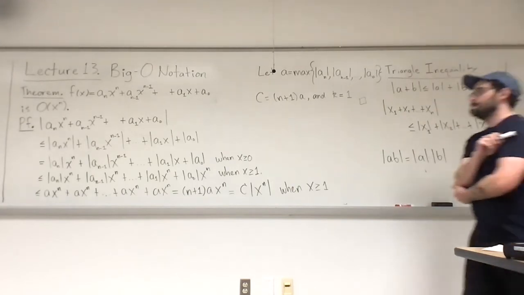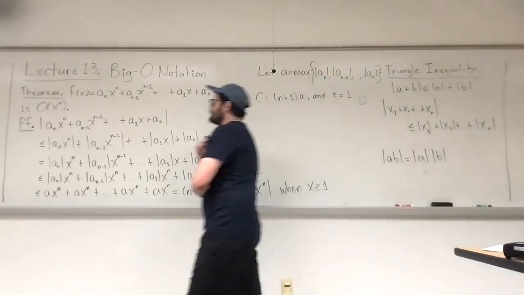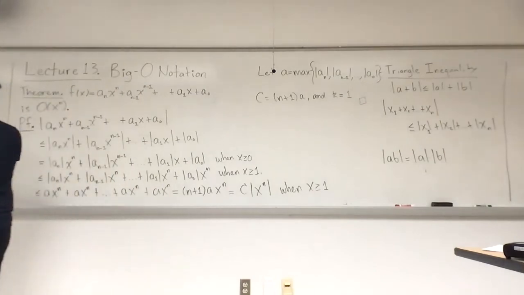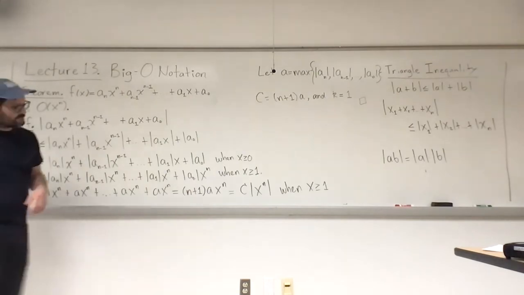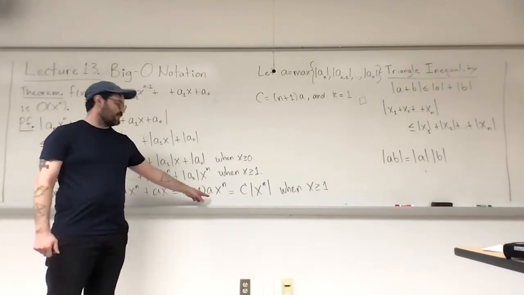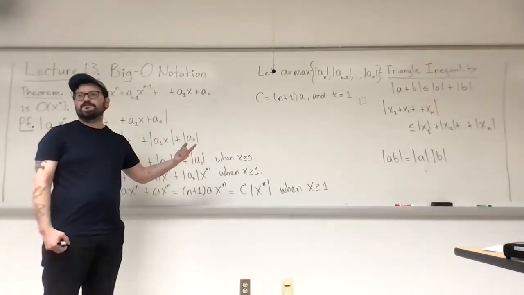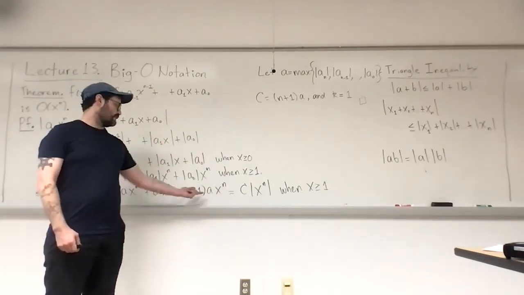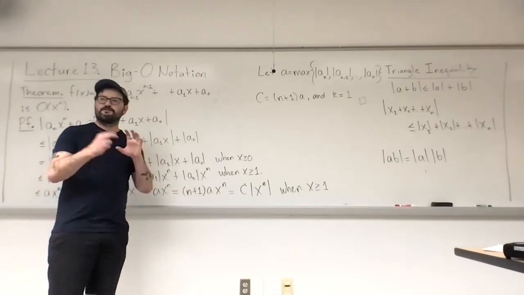Okay. It actually tells you what the constant is as well, right? For any polynomial you have, you take the max of the absolute values of all the coefficients, and then multiply that by the degree plus 1, that's your c.